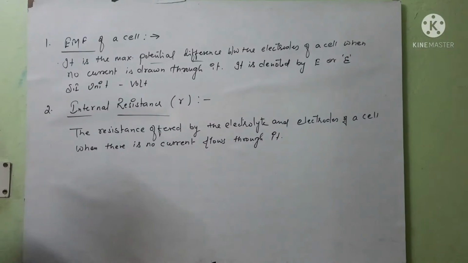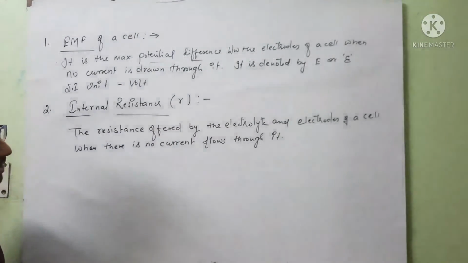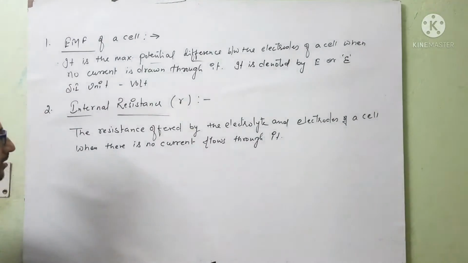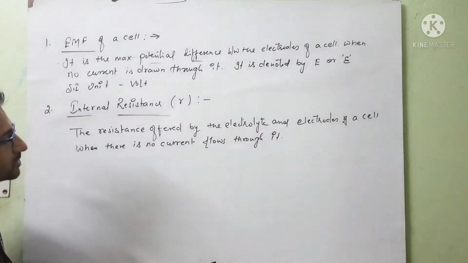Okay, so this resistance is called internal resistance, which is small r, and its SI unit is ohm, and the dimension formula is the same as the resistance dimension formula.